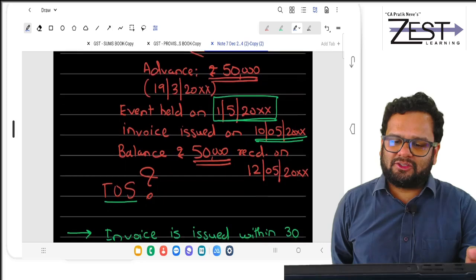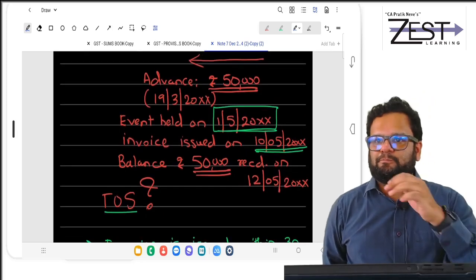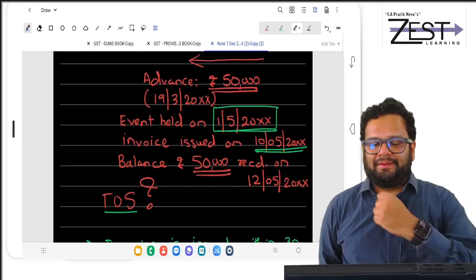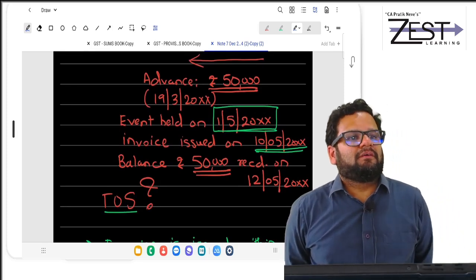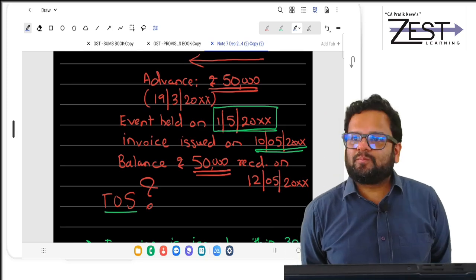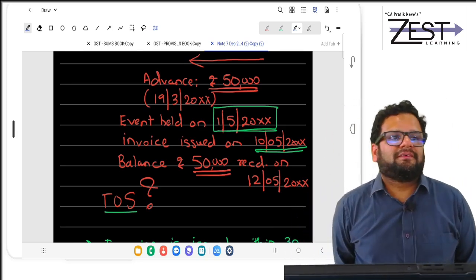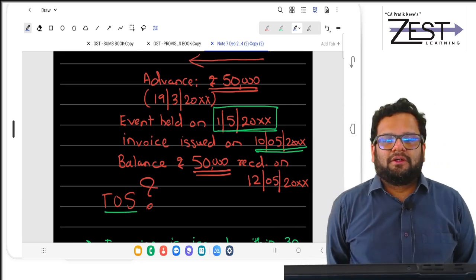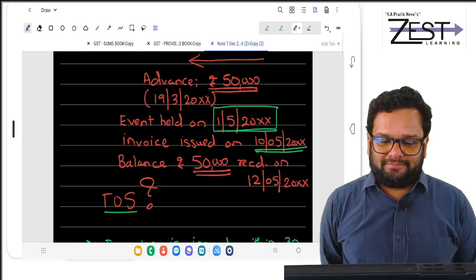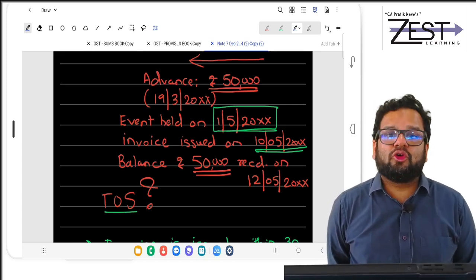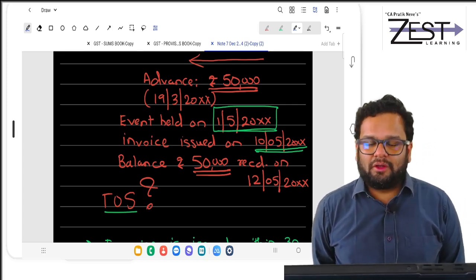Have you taken all the facts of the example? Don't keep me guessing, tell me. And don't compromise on writing this example.